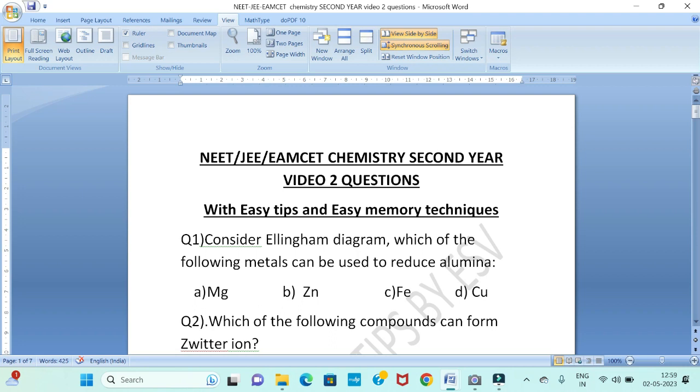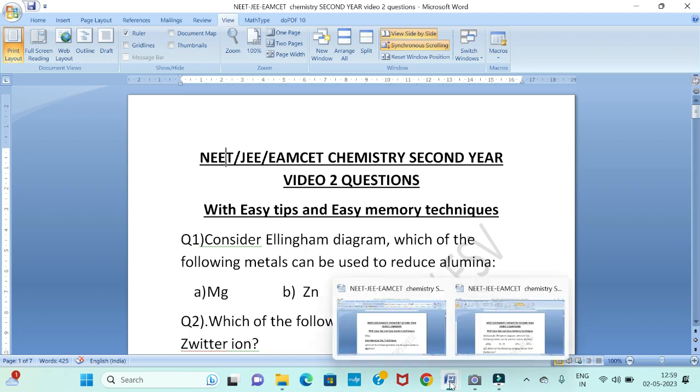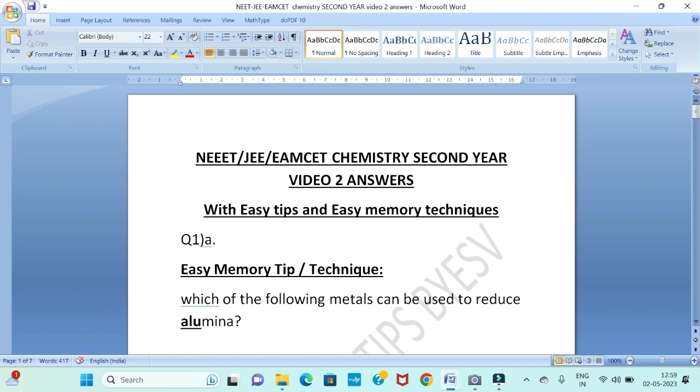What is the answer? Answer is magnesium. So the easy memory tip or technique.